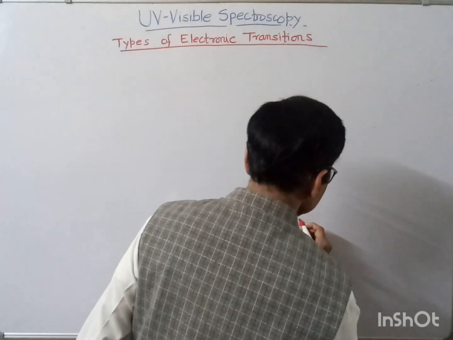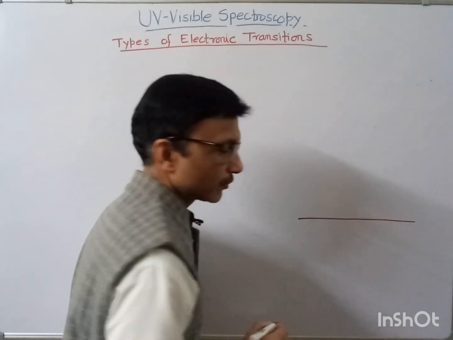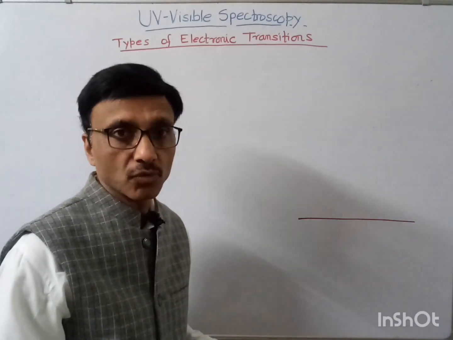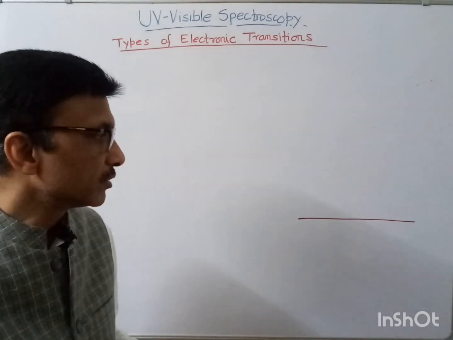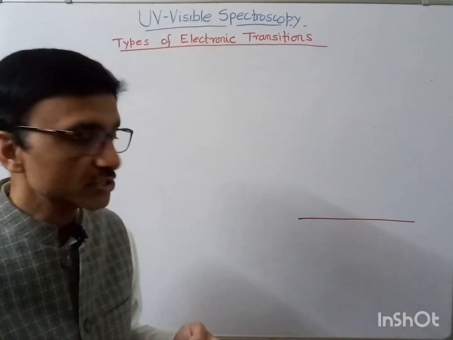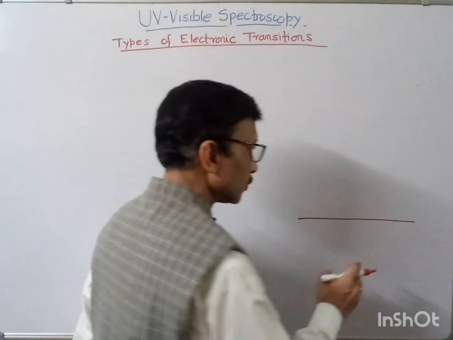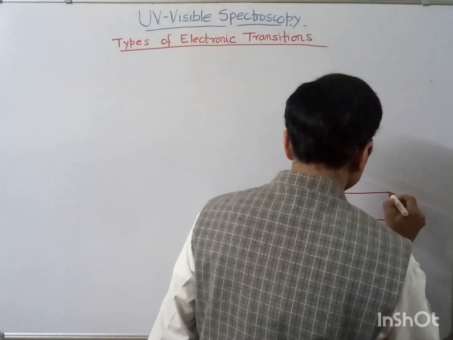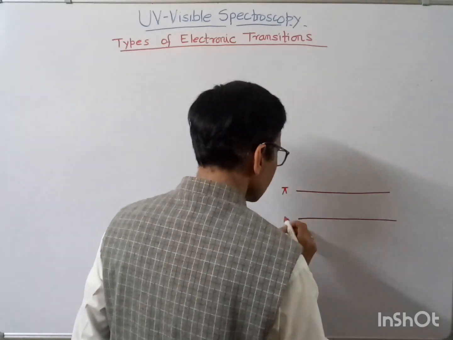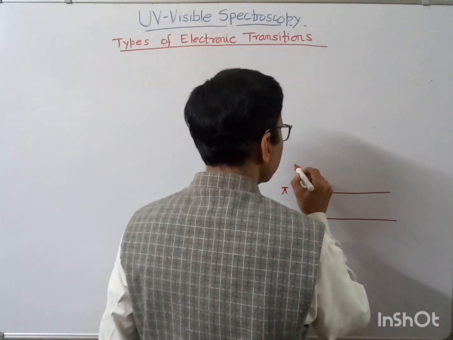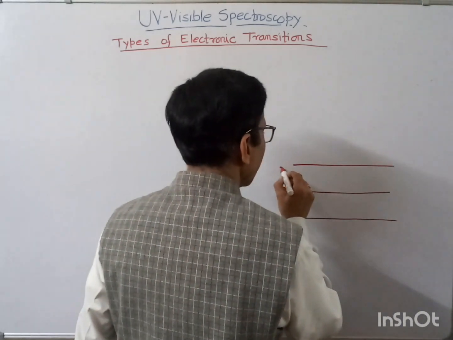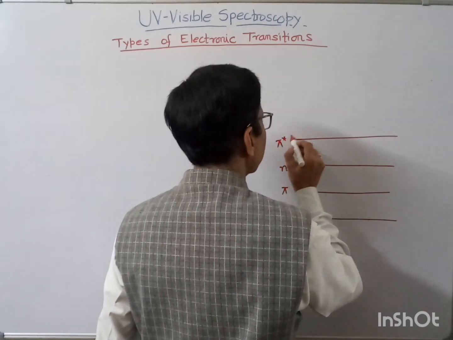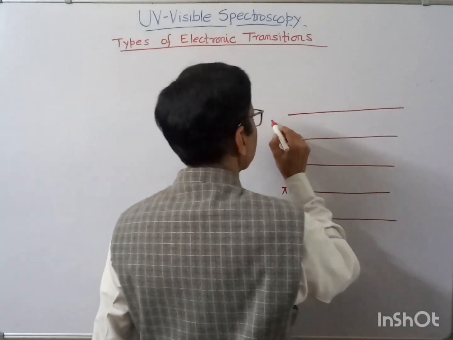We know that the sigma electrons have the strongest bond, the sigma bond, or we can say the most stable bond, so it has the lowest energy. Then we have the energy level of the pi bond or pi electrons, then the non-bonding, and then we may represent pi star, that is anti-bonding, and sigma star anti-bonding.